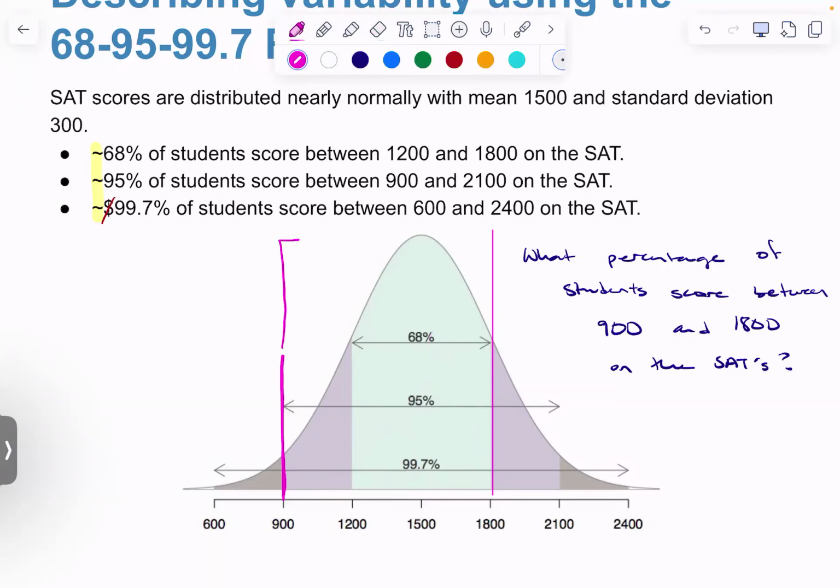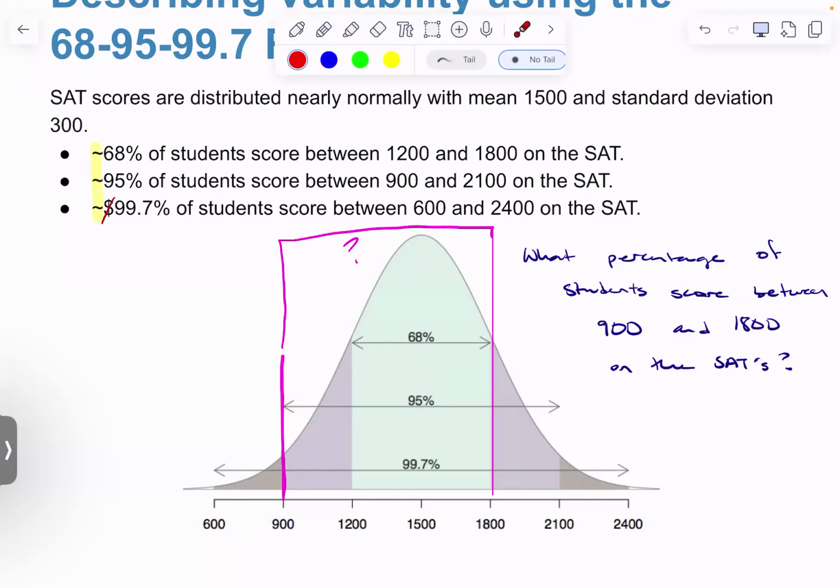But what if I did something like this instead? I want to find this area. Well, you've got your 68%, but that's between 1,200 and 1,800. So you want to add on this little purple bit. How can you find what that is?